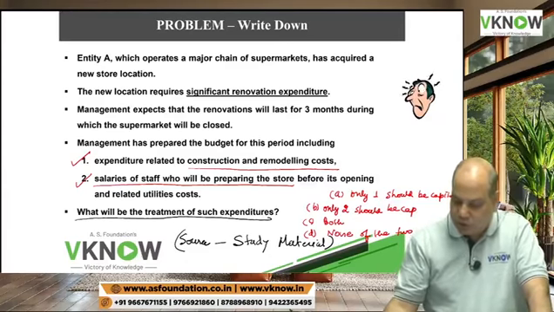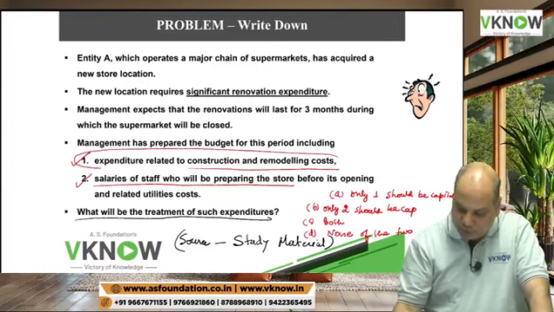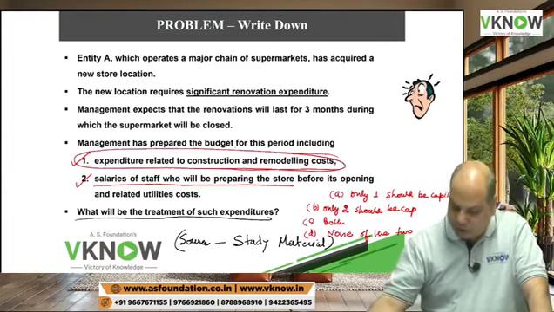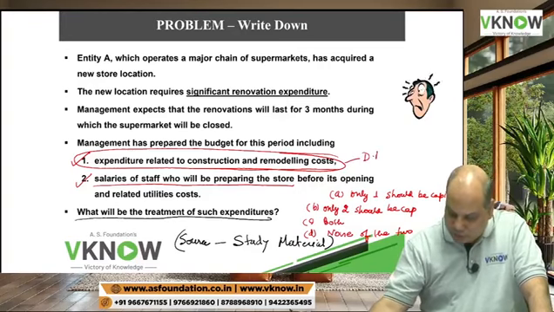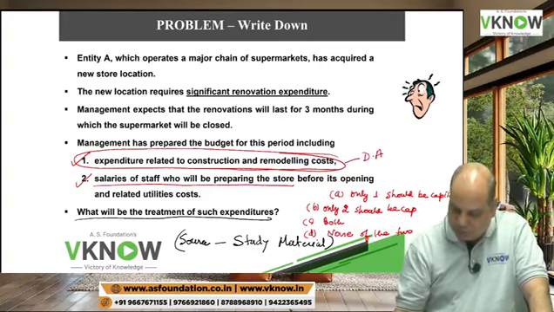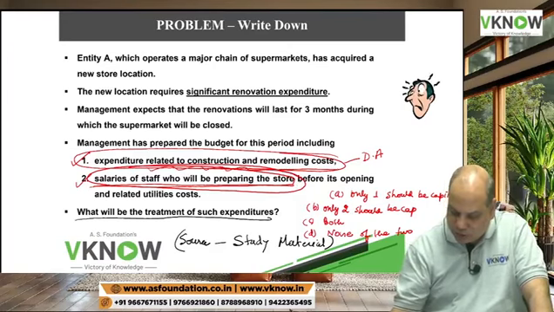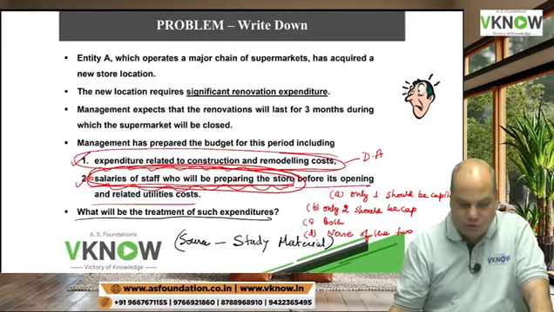So the answer for this question is only first one will be capitalized because this is directly attributable, whereas the salary of the staff who is going to prepare the store is ready, now they are just doing decoration. They are putting welcome tag and other related utilities cost.